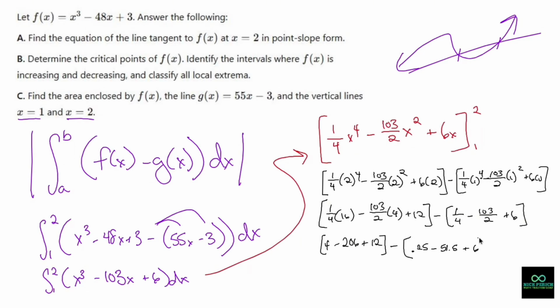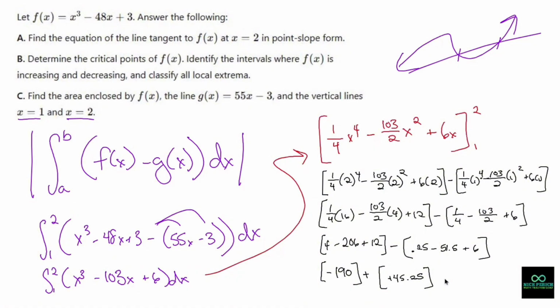plus 6. All right, that first bracket becomes negative 45.25. Double negative becomes positive.